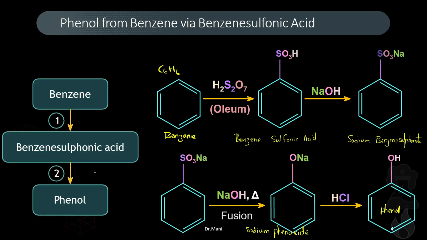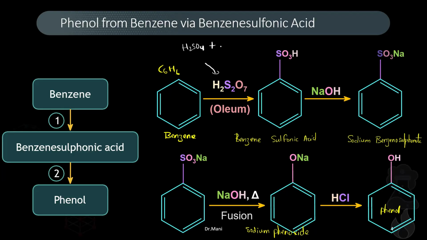The step involved here, the conversion of the benzene to benzenosulfonic acid. Okay. So this step, the benzene is treated with the oleum. What is this oleum? It is H2S2O7, right? So how do we form this oleum? This oleum could be made with a sulfuric acid that is treated with the sulfur trioxide. So H2SO4, which is sulfuric acid.